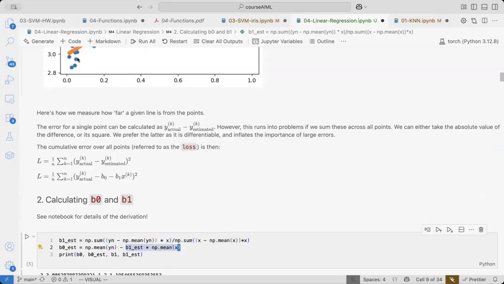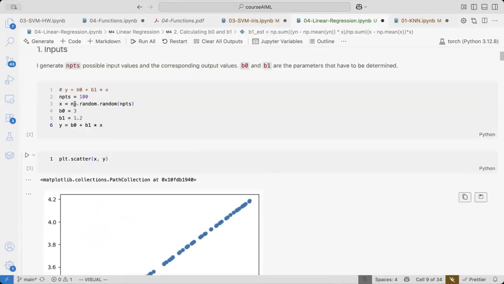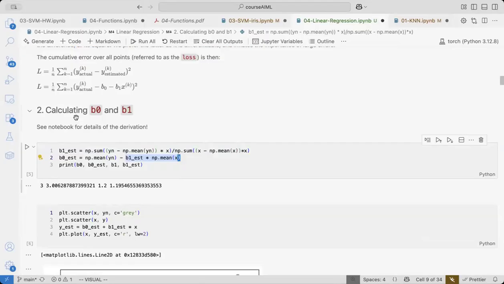And if you remember, the way I generated this data was using 3 and 1.2. And when I do this calculation, I get the values of 3.006 and 1.19. The only reason why it's not exactly 3 and 1.2 is because of the noise that we added.